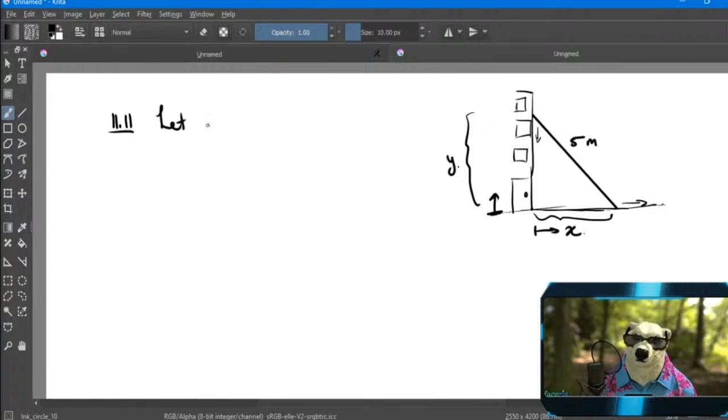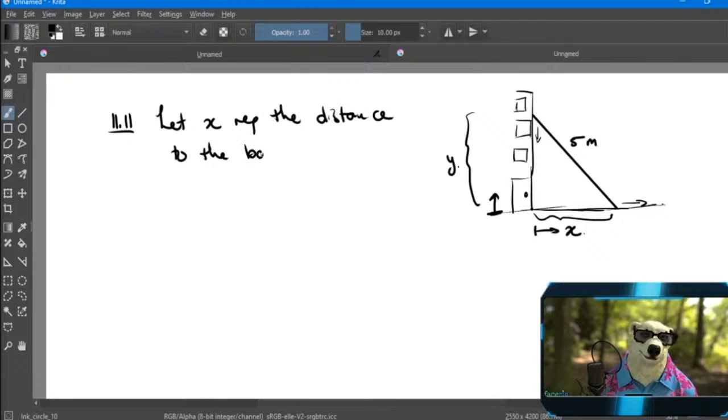Let X represent the distance to the bottom, let's say, of the ladder.